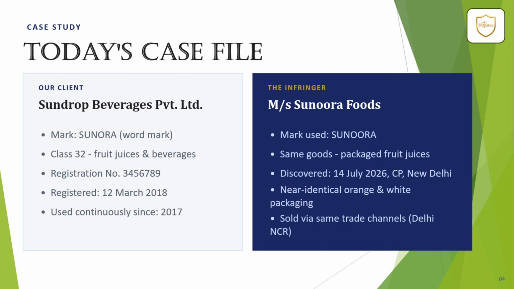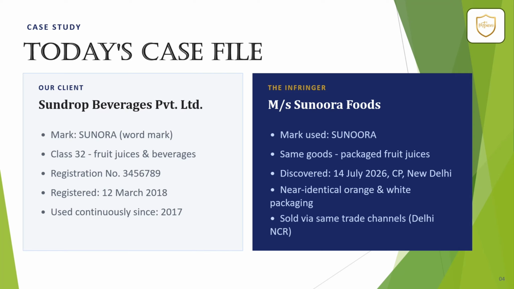You must have read about the NICE classification; class 32 covers fruit juices and beverages. I have made the registration number 3456789, and it was registered on 12th March 2018. Remember the date of registration here, and also remember that this mark has been used continuously since 2017.